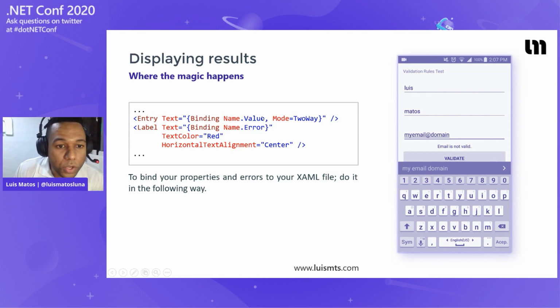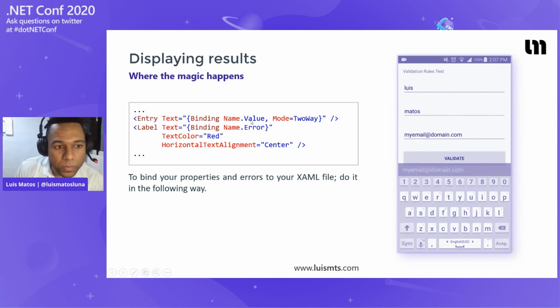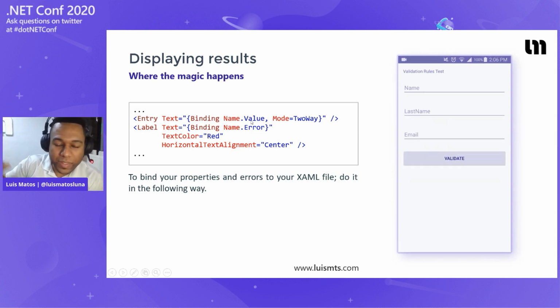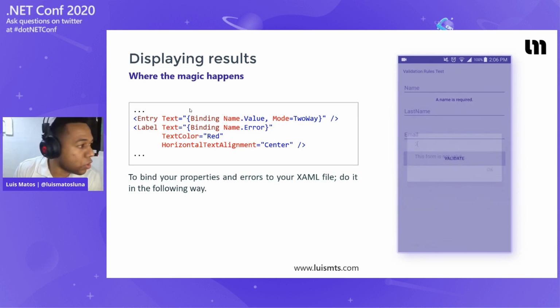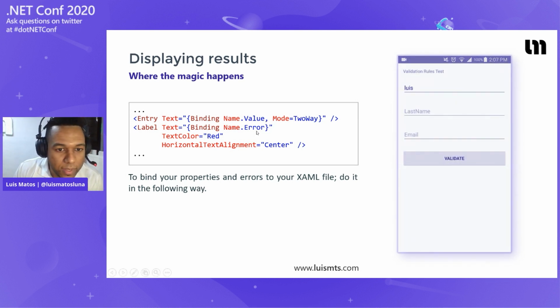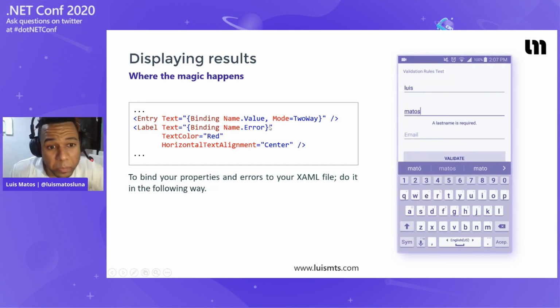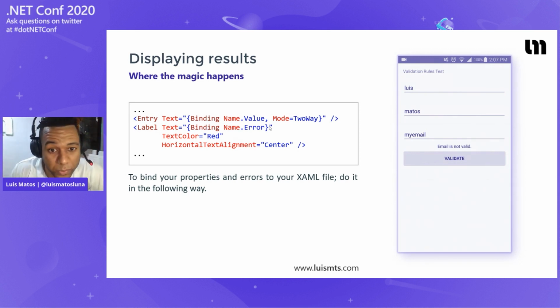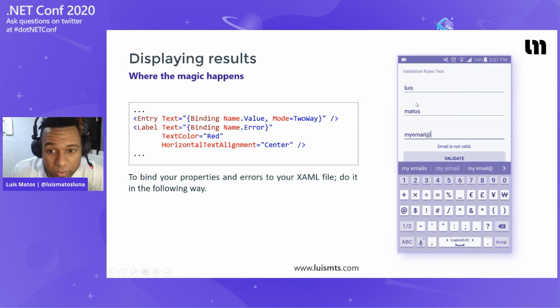First you have your value, that is the input that the user is going to use, and then you have the error. You also have the IsValid property that you can use, for example, in a trigger. For example, if I want to show the error when the property is not valid.